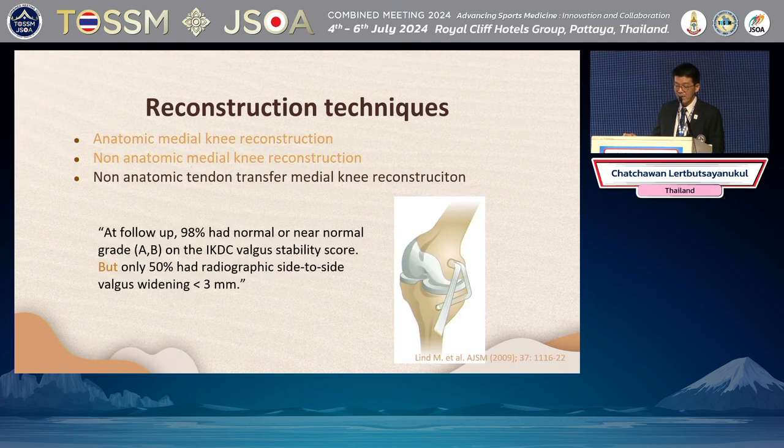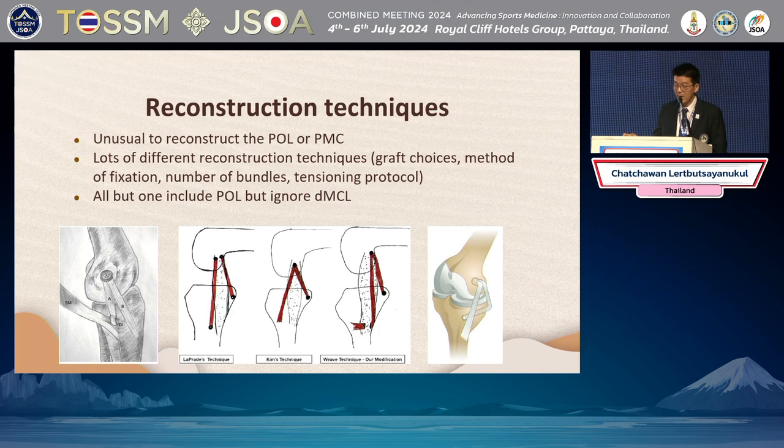The last one is the non-anatomic tendon transfer medial knee reconstruction, or LIN technique. This is the popular one. This technique also has significant clinical improvement, but the radiographic outcome was not so good. As you know, there are many techniques. Overall, based on the complex anatomy of the medial knee, it is unusual to reconstruct the POL and posteromedial complex.